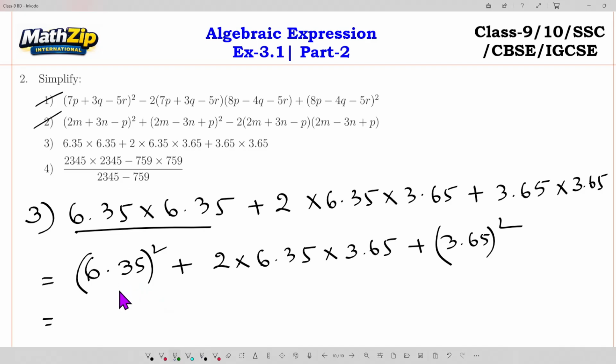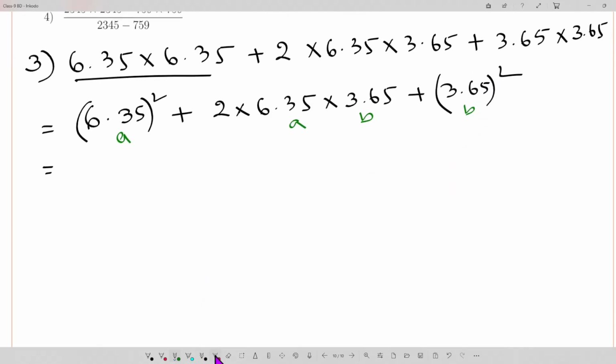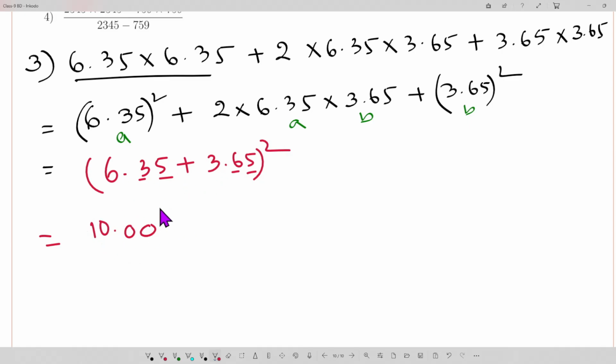So it's looking like a square plus 2ab plus b square. So this is (a + b) whole square, (6.35 + 3.65) whole square. If we make summation, 5 plus 5 is 10, 6 plus 3 is 9, carry 1, it will be 10, then square. So our answer is 100.